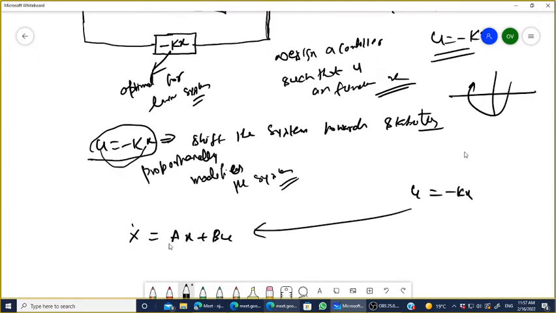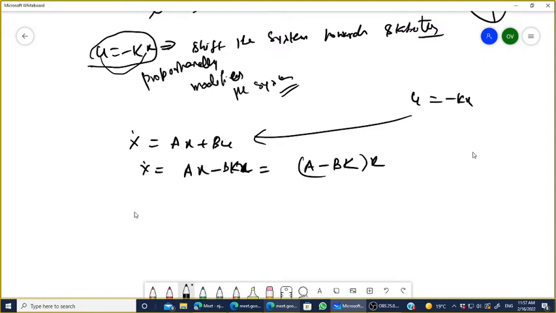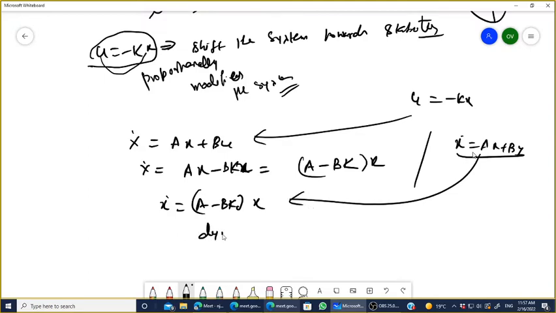You can put here, you can write now x dot is equal to ax minus bkx. That means (a minus bk) into x, right? So your dynamics has been changed. x dot is equal to (a minus bk) into x, or इनिशियली क्या था, x dot is equal to ax plus bu. So your total dynamics has been changed.